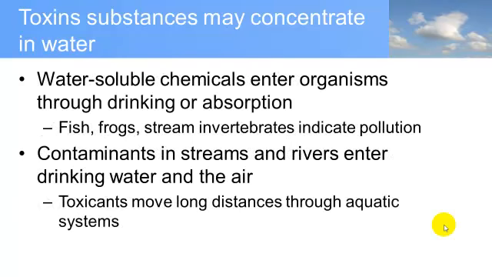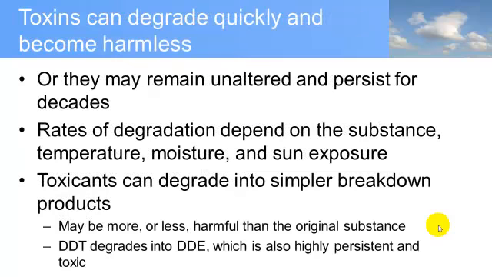Water-soluble chemicals can be picked up through drinking or absorption. Oftentimes, fish, frogs, and stream invertebrates are the first ones affected by these pollutants, so there are often good warning signs that there could be a problem in that body of water. Contaminants in rivers and streams can then enter drinking water, even migrate into the air, traveling hundreds and thousands of miles away from where they were released.